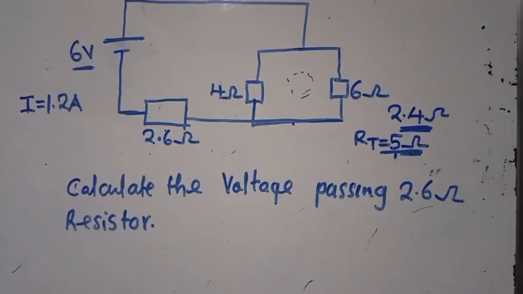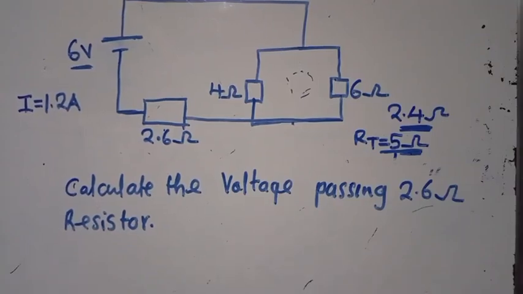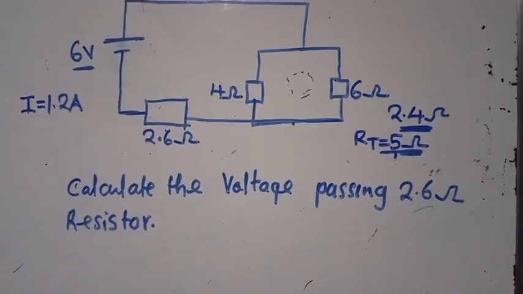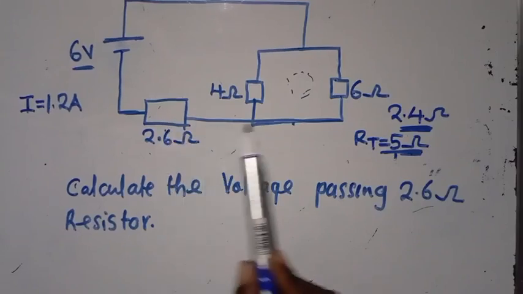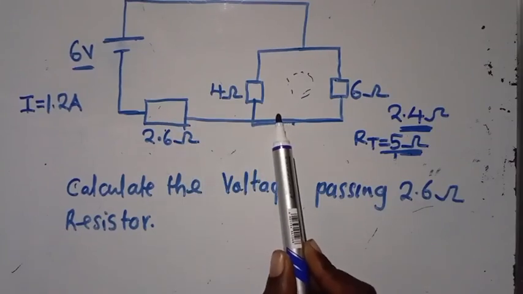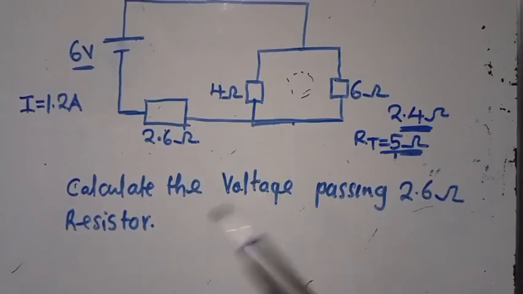For you to answer this particular question, there are a few things that you need to know and understand. You need to know the relationship when resistors are connected in series. Have you seen this one is in series to that one? This tells you that in series, current is the same.